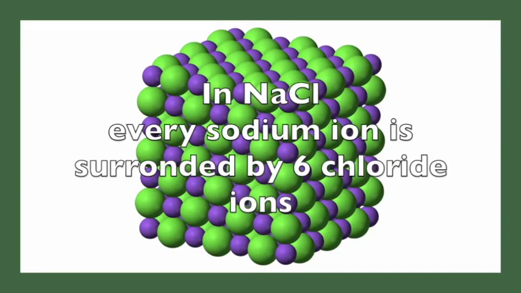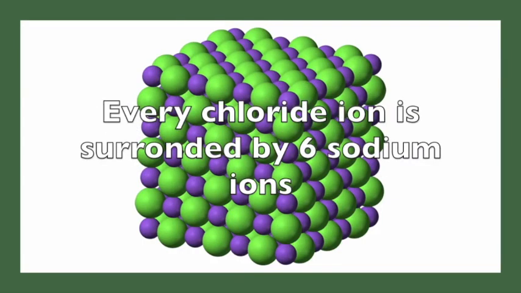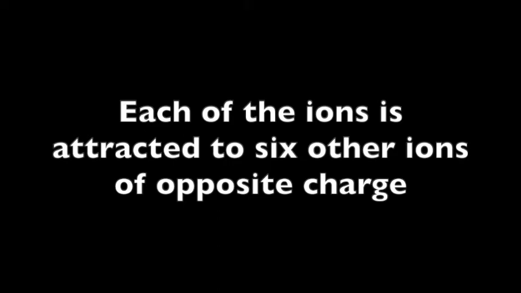In sodium chloride, every sodium ion is surrounded by 6 chloride ions, and every chloride ion is surrounded by 6 sodium ions. In short, each of the ions is attracted to 6 other ions with opposite charges. This makes these compounds very strong.